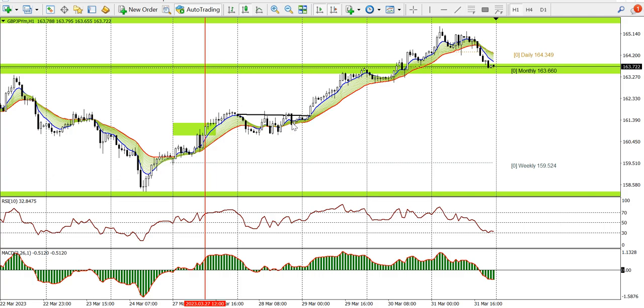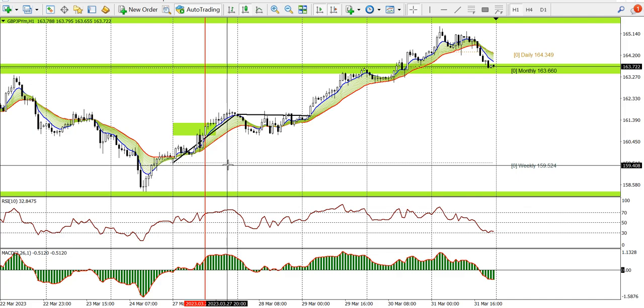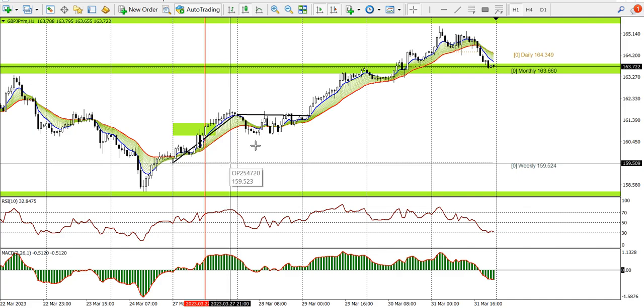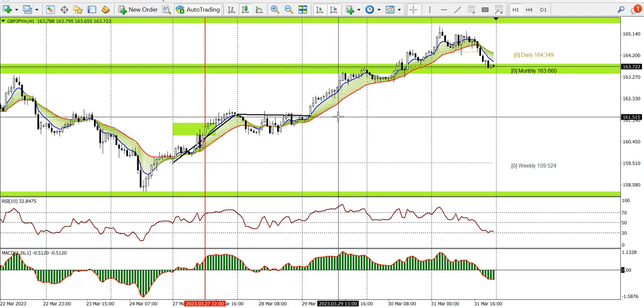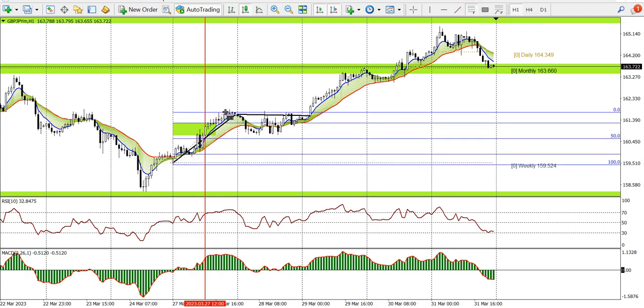Our bias is on the buying side, because the previous day candle was bullish, and as long as the previous day low is not broken, we will try to trade with the direction of the daily chart.